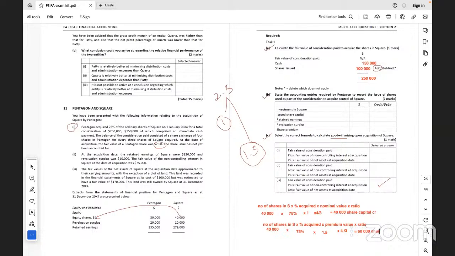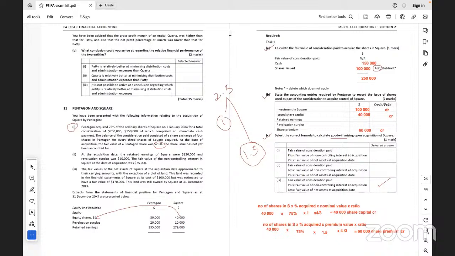This is the premium, so share premium credit. So 40,000 credit, 60,000 credit. Therefore investment should become debit 100,000. Issued share capital 40,000 credit, and share premium 60,000 credit. This is how we should get the answer for the P part of the question.